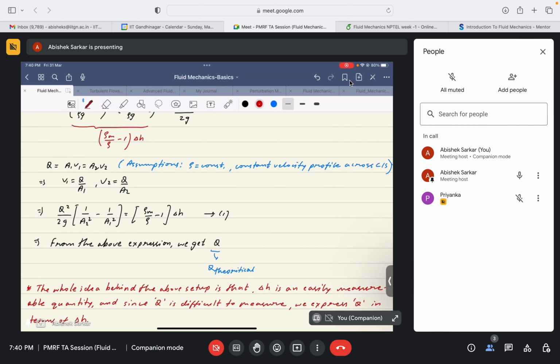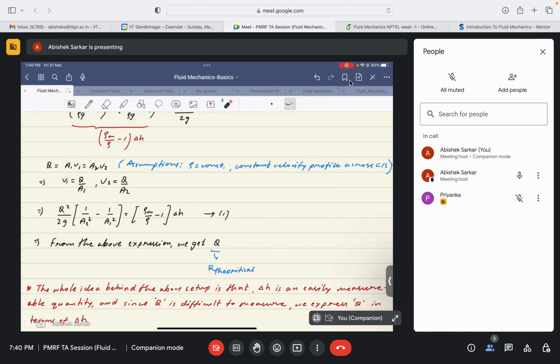So since delta H would be higher, Q would go up, right? Since all terms are positive, as delta H goes up, Q goes up. This is clear, right?